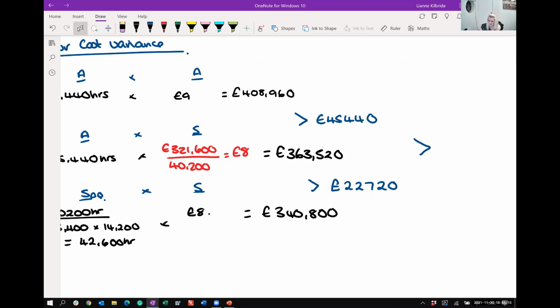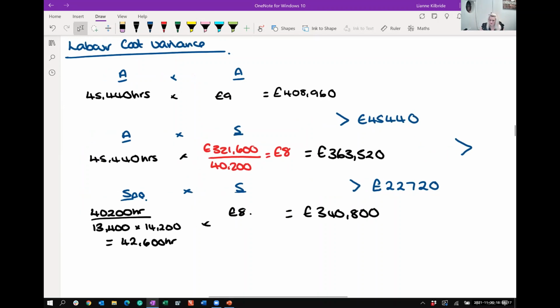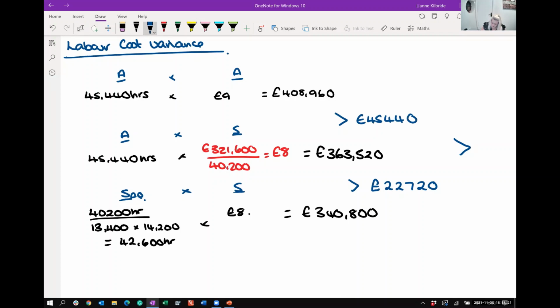And then going even further to get your overall labour cost variance, well, we can't do that at the moment, okay? So, the calculation for SAC is you've got the 40,200 hours, so that's your budgeted hours that you've used, divided by your budgeted units, multiplied by your actual units, and it's 42,600 hours, okay.